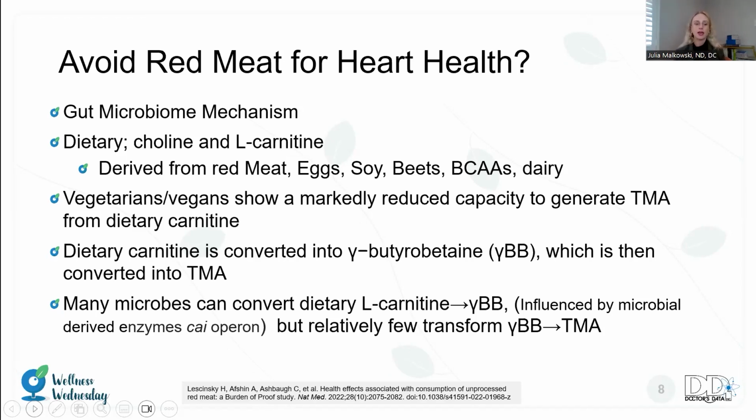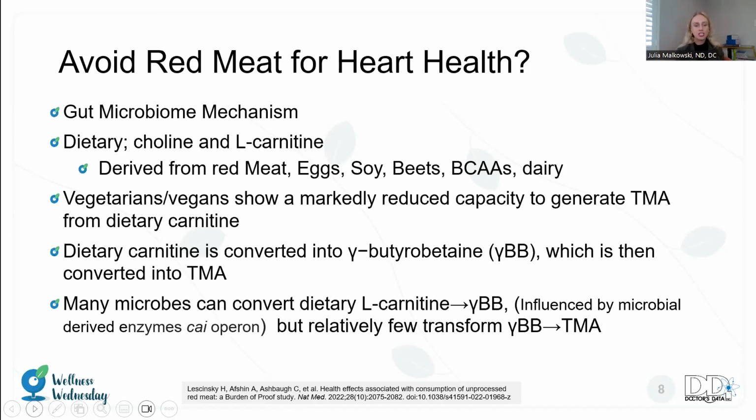Another factor here is that vegetarians and vegans show a markedly reduced capacity to generate TMAO. We know that if you have a vegan and you give them a steak, you measure the TMAO in their blood, and it will be significantly less than an omnivore.